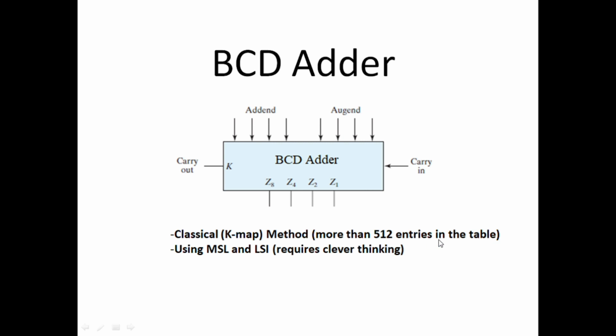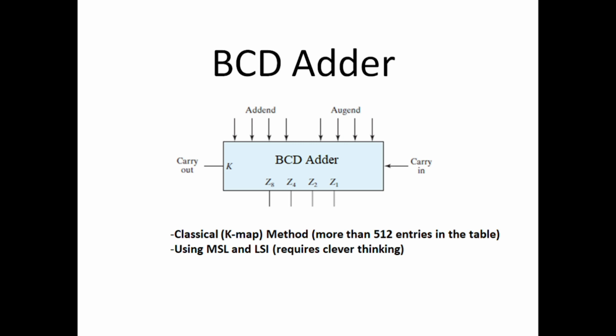This is quite a huge truth table, and it would be quite difficult to write such a table on paper, and obviously it is even more difficult to simplify 9-variable Boolean equations.